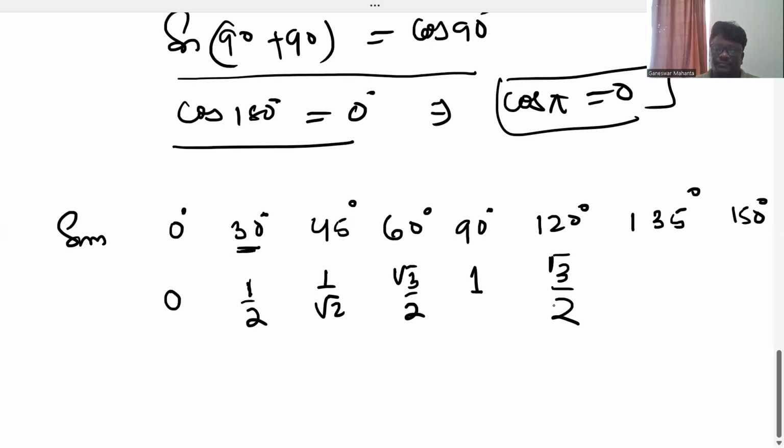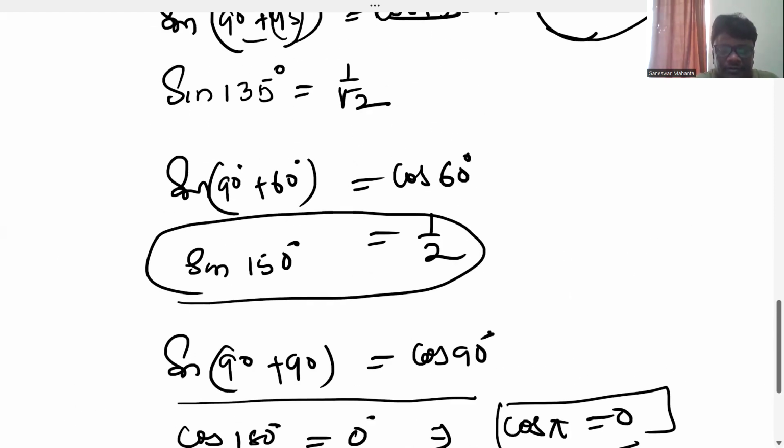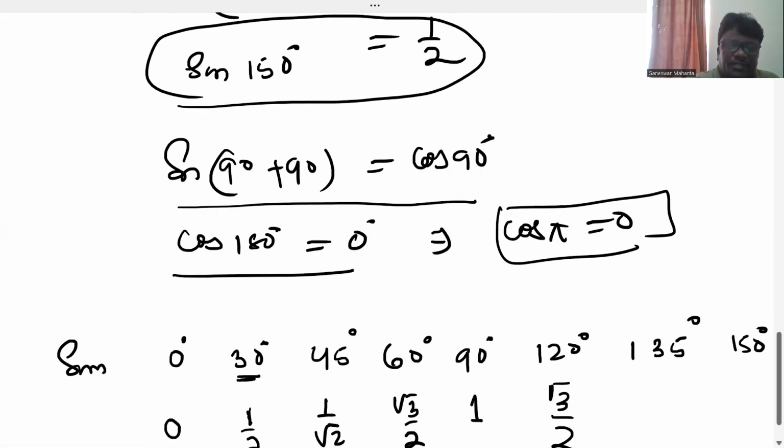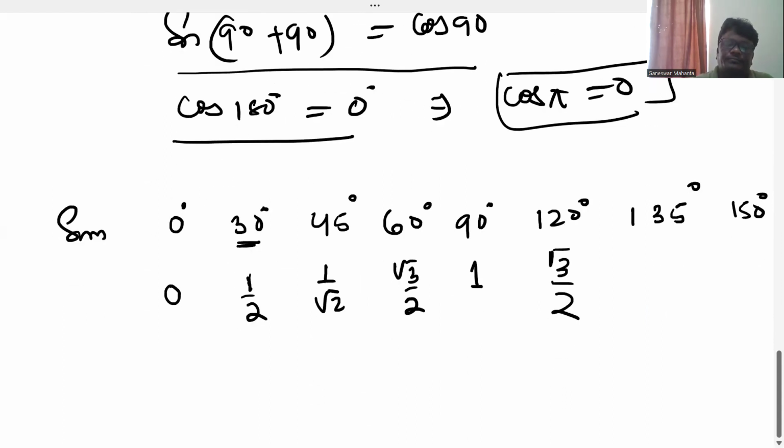For 135, the value is cos 45, which is 1 by root 2.